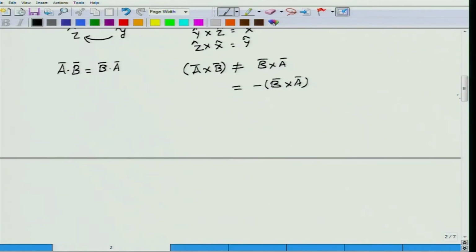So, we do not really go any more into details about the cross product. I think we have said enough that we wanted to say. So, why did we actually go to cross product?